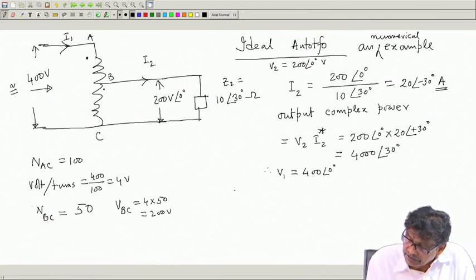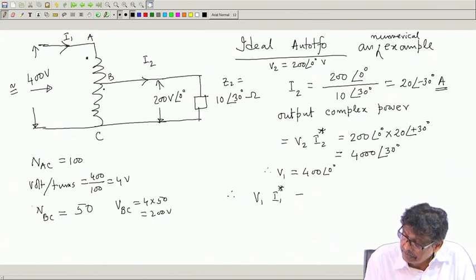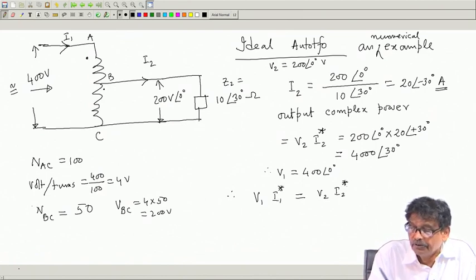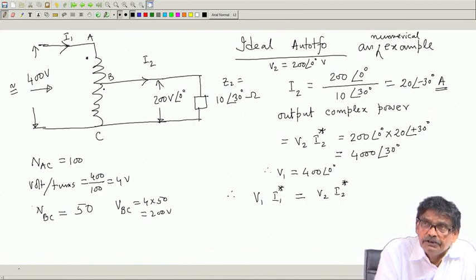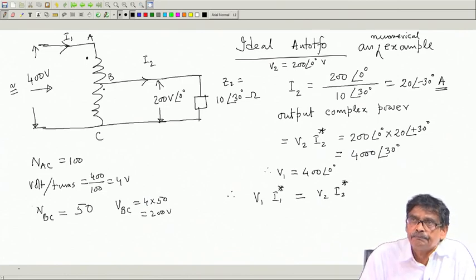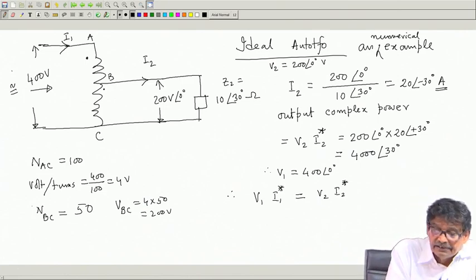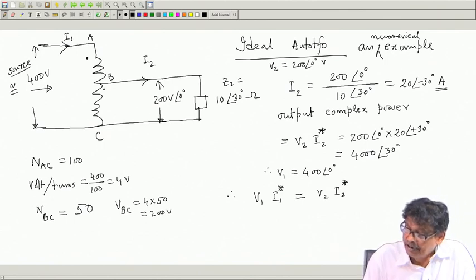So, what I will do is, I will say that V 1 I 1 star must be equal to V 2 I 2 star. Whatever you dump on the load must be drawn in from this source side, this is source. It must be like that.